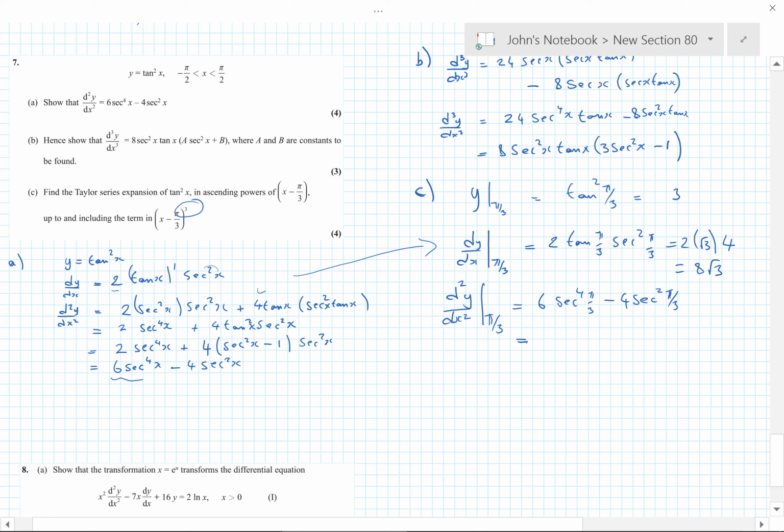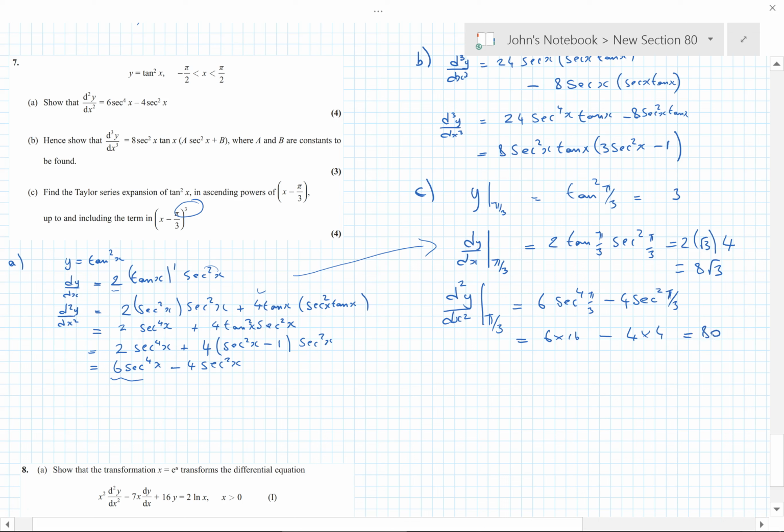Now sec to the 4 pi by 3, again sec pi by 3 is equal to 2, so that's 2 to the power 4, which is 16, so that's 6 times 16 minus 4 times 4. I'll cheat and use my calculator on that because mental arithmetic's failing me at the moment. That's equal to 80.